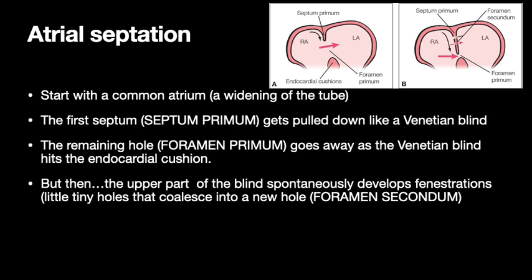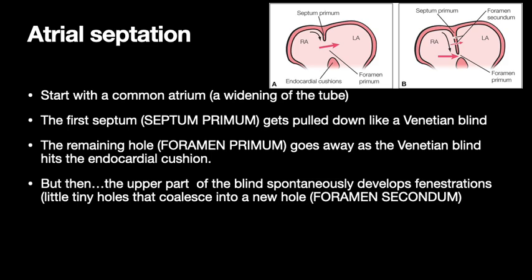Now, as you pull it down like that, the remaining hole, meaning you haven't quite gotten there yet, that first hole there is the foramen primum. Now, eventually, the Venetian blind is going to hit this crux or endocardial cushion, and the foramen primum will have gone away.